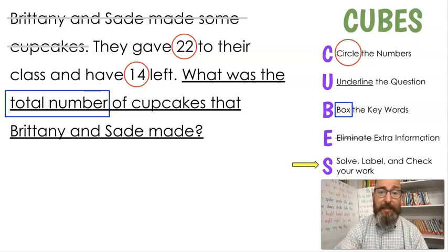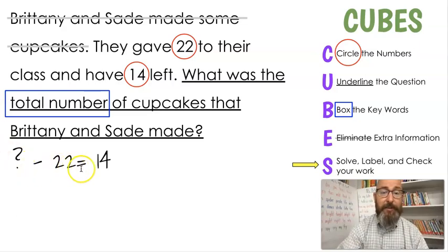And so our equation is going to be one of these again. They gave 22, they have 14 left, and that's that backwards subtraction question. And we're missing our minuend. So we know that we're going to have to add the subtrahend and the difference. So we're going to add these two numbers, and that's where we're going to find our new equation. So our new equation is now 14 plus 22.